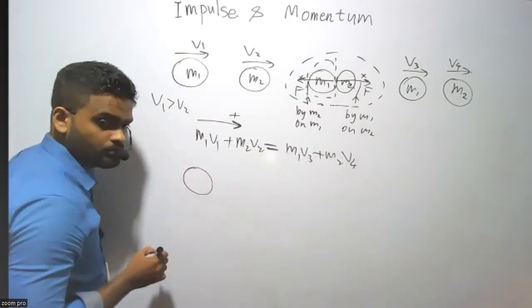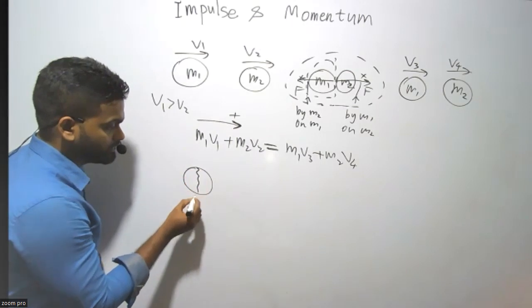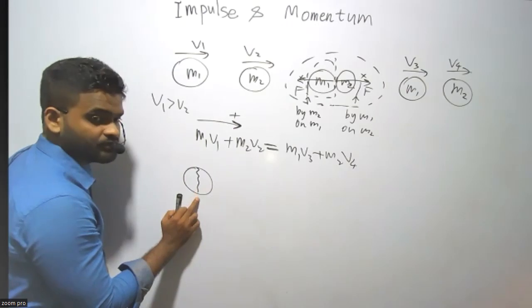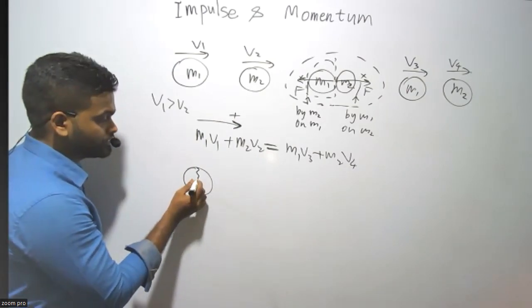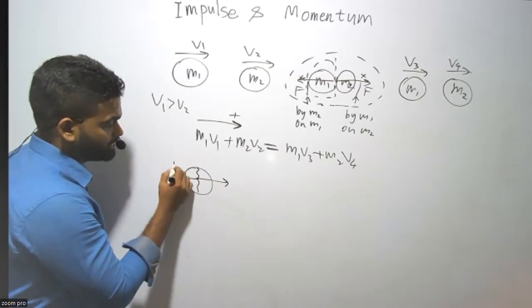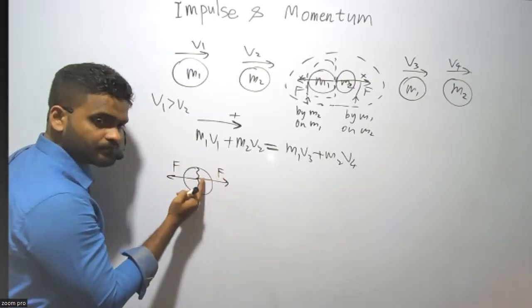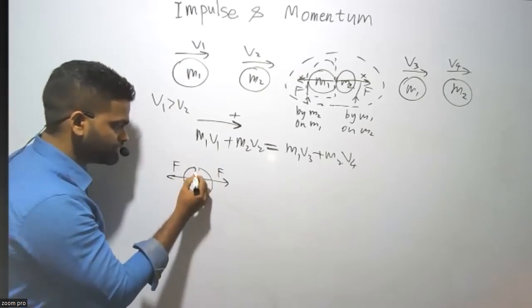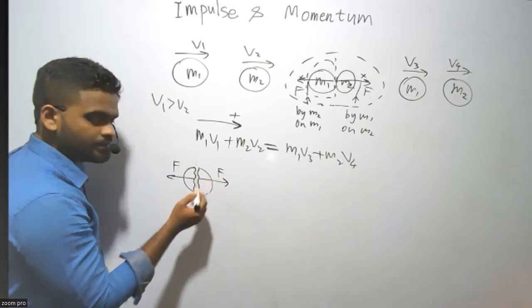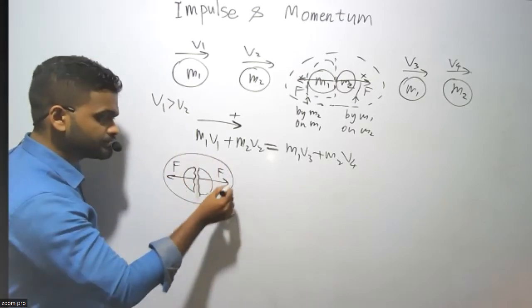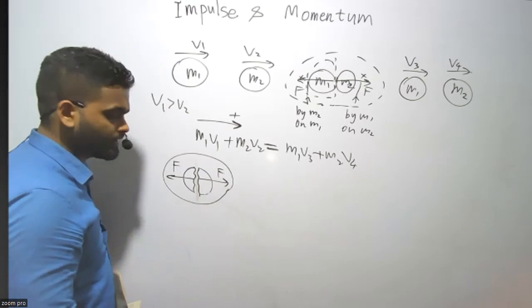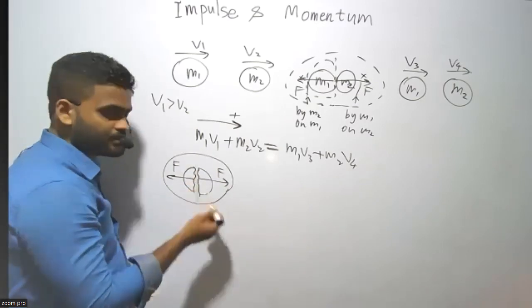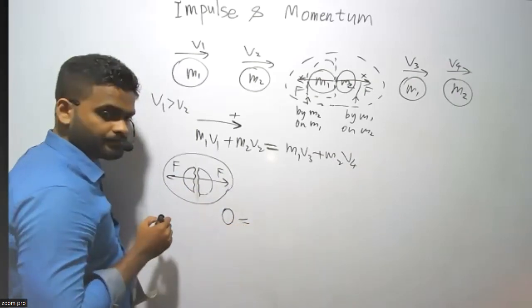So let's say there's a bomb here at rest. This is before explosion. So when they explode, what happens? Again, action and reaction forces are acting on each part when exploded, right? So when you take the whole system, momentum cannot change. If it was at rest initially, initial momentum is 0.